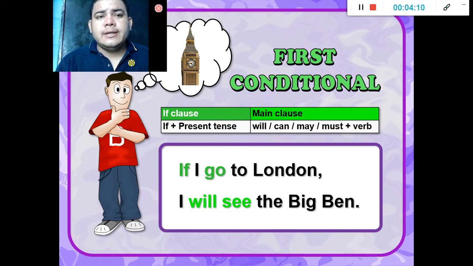In this case, what will happen if you do something? The characteristic of the first conditional is that the if clause is in simple present one more time, but the main clause changes with will, can, may, or must. We use these types of sentences.